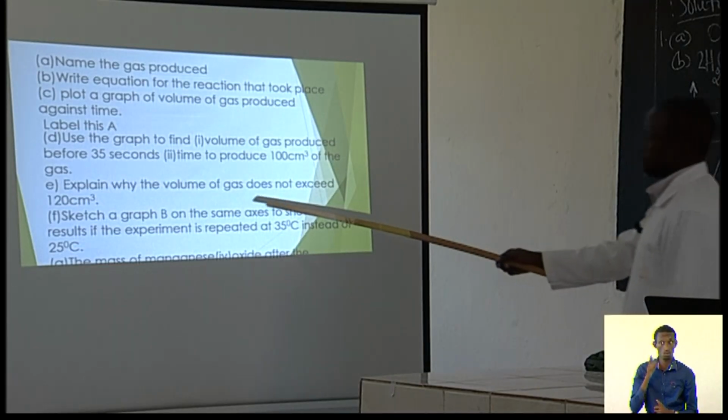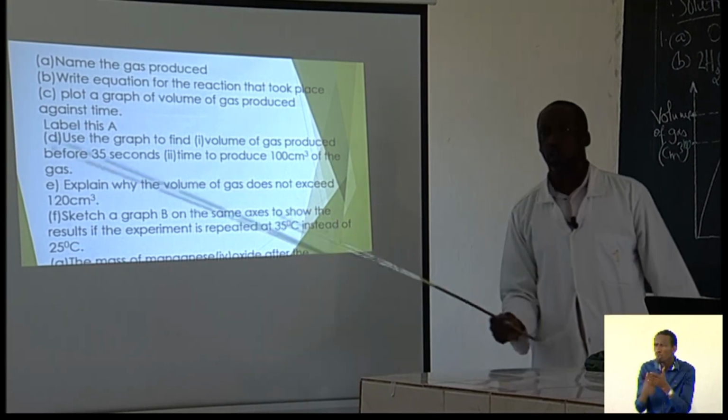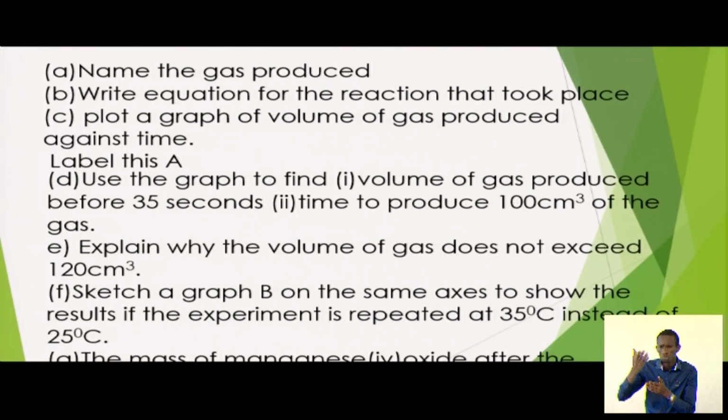Explain why the volume of gas does not exceed 120. So if you move along this line here, this is the maximum, and I'm assuming this is 120 cubic centimeters. And then we're saying, why doesn't it exceed 120?